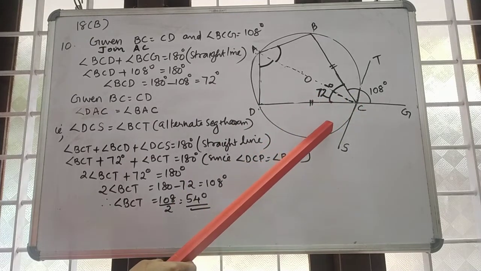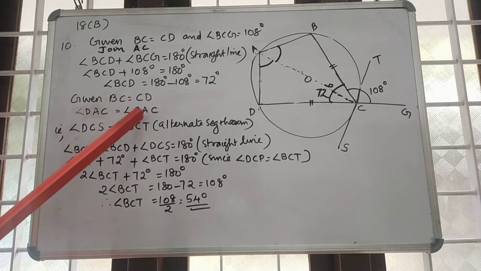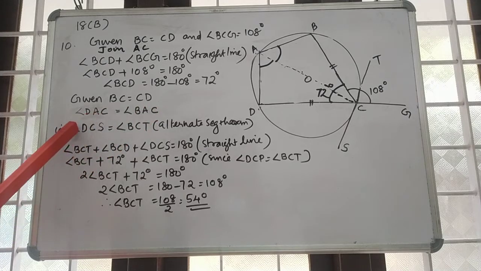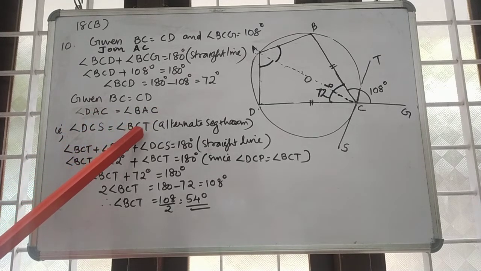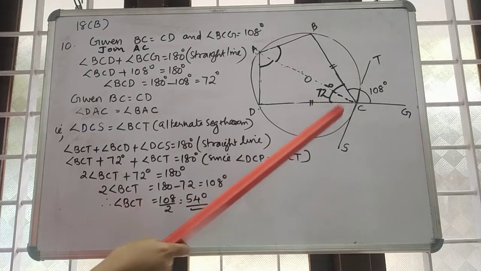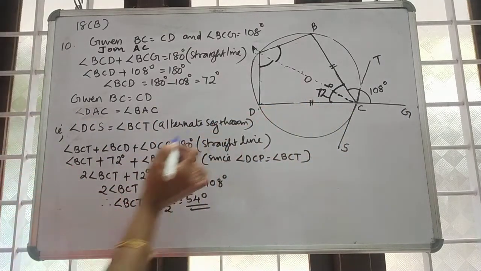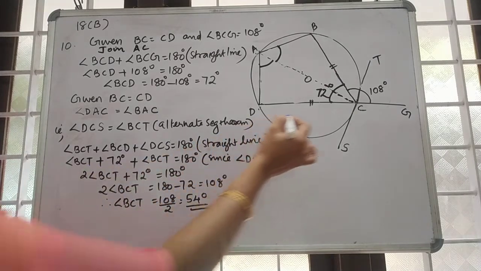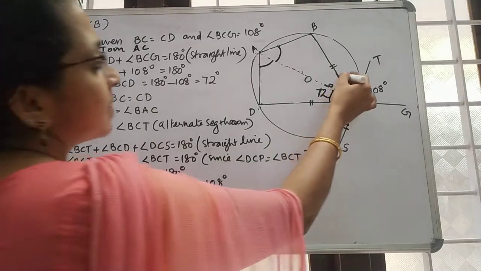So using the alternate segment theorem, since angle DAC is equal to angle BAC, DCS will be equal to angle BCT. These two angles will be equal using the alternate segment theorem. That is, this angle DCS will be equal to which one? BCT.